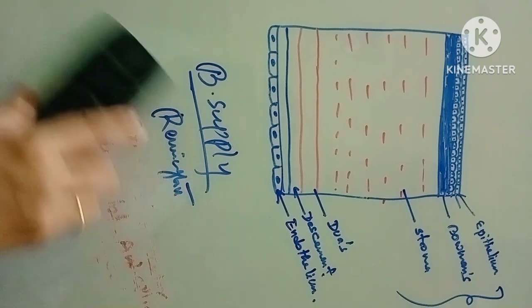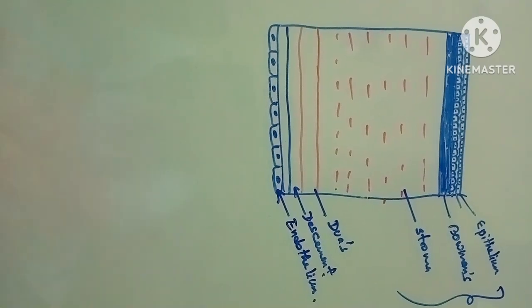Now what is the nerve supply of the cornea?